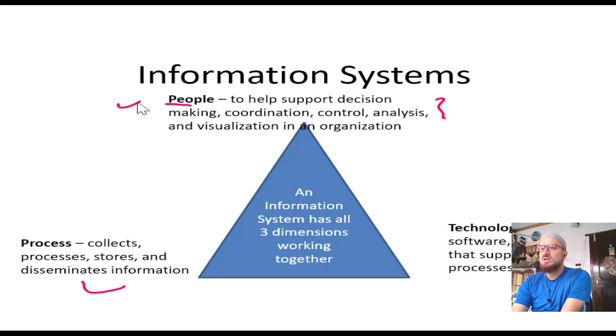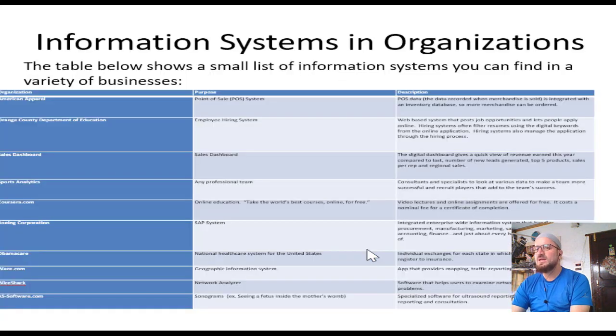So technology supports people as well as process, and helps us do what people and process are trying to do. It is actually done by the technology, because it's the software, hardware, network, internet, and everything which makes it happen. So an information system has all three dimensions working together: people, process, and technology.